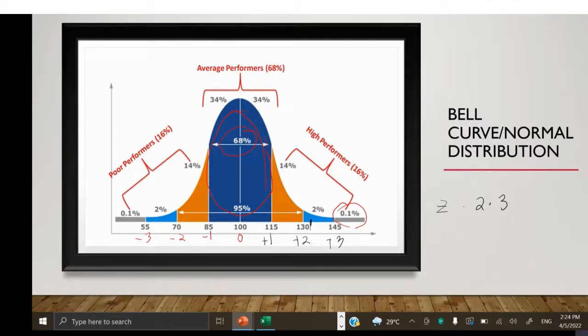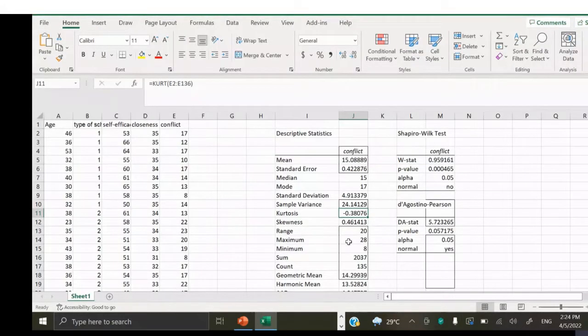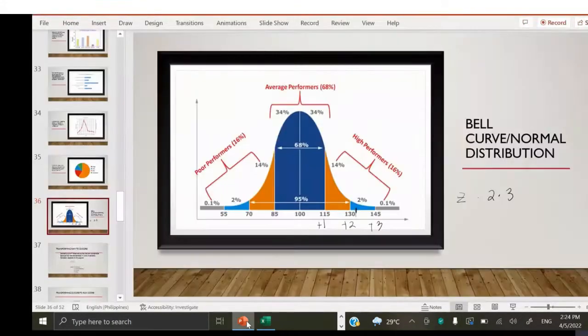The same thing also, for example, if you are a restaurant owner, you follow this kind of distribution in your production. So that is just a practical application of this bell curve. So that is about the bell curve.